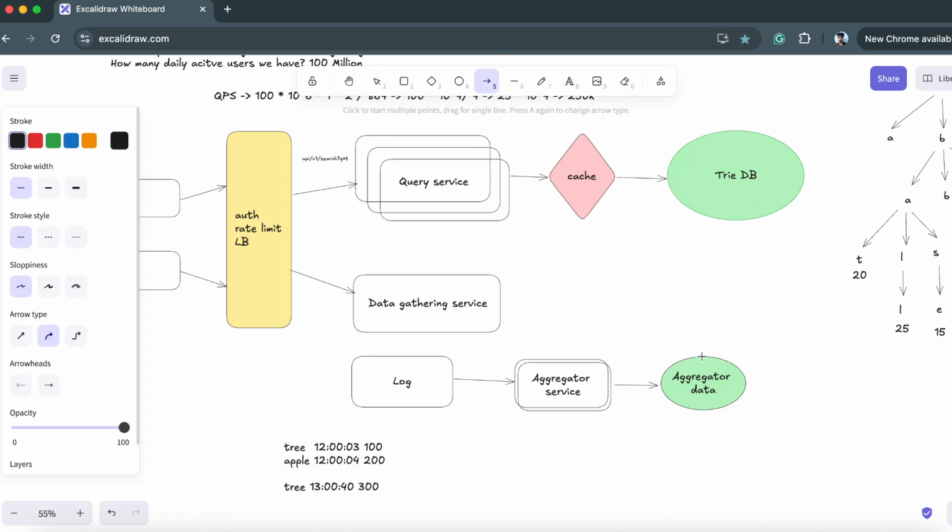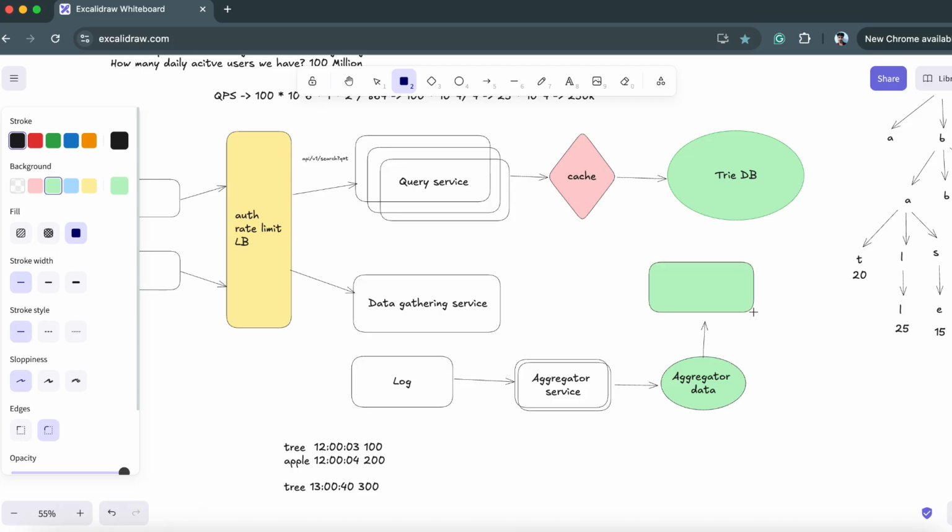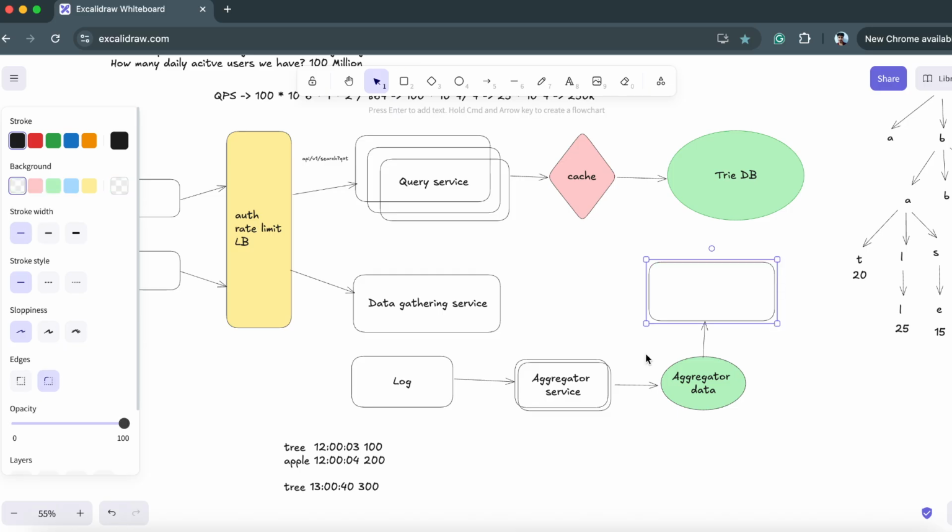So we will be running a bunch of schedulers right over here. The job of these schedulers is to collect this data from the aggregators and update this trie DB. At any point in time, there are multiple snapshots running, so we will keep on updating into those snapshots, and whatever the new snapshot is, we will again update that information into this cache layer as well.